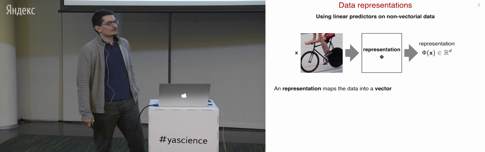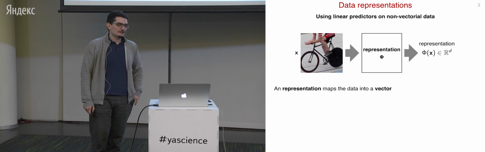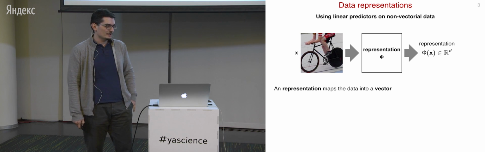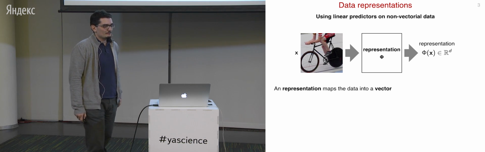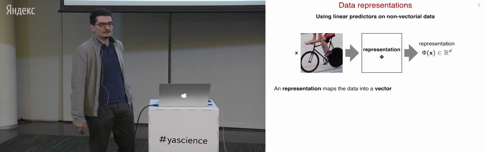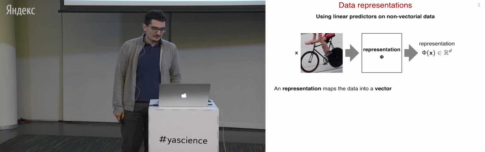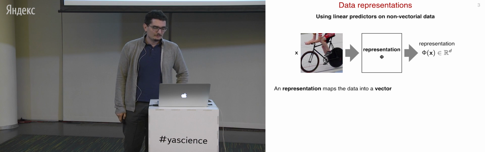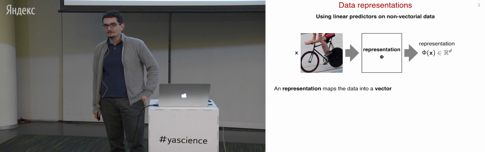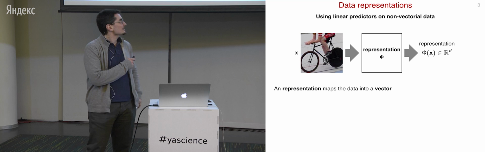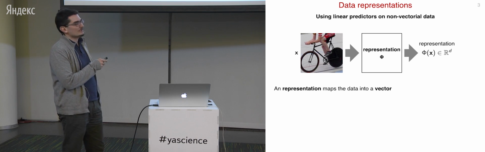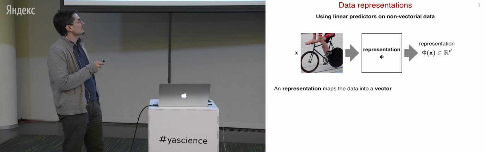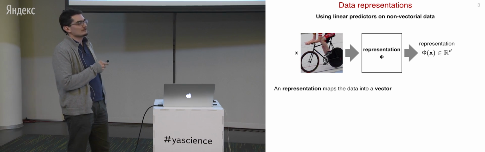Now, this is a story that everyone knows. There is another part to it, of course, which is very important, in fact probably much more important, which is to say: what do we do when X is in fact not a vector? The way we approach this is usually by computing a representation of the data. So we take X, then we have a representation function phi, and we use it to map X to some high-dimensional vector which lives in some d-dimensional Euclidean space.